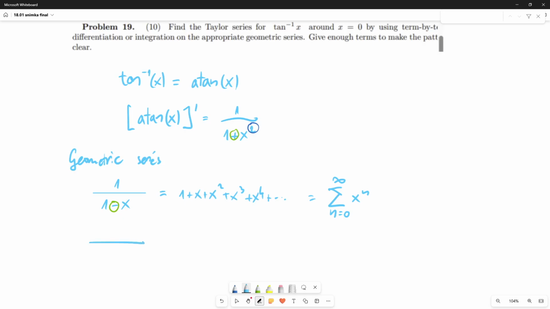But this results in a simple substitution. 1 over 1 plus x squared will be similar to 1 over 1 minus x, except that the signs will alternate and we will have all the squared terms. So we'll have 1 minus x squared plus x to the power of 4 minus x to the power of 6 plus x to the power of 8, and so on and so forth.